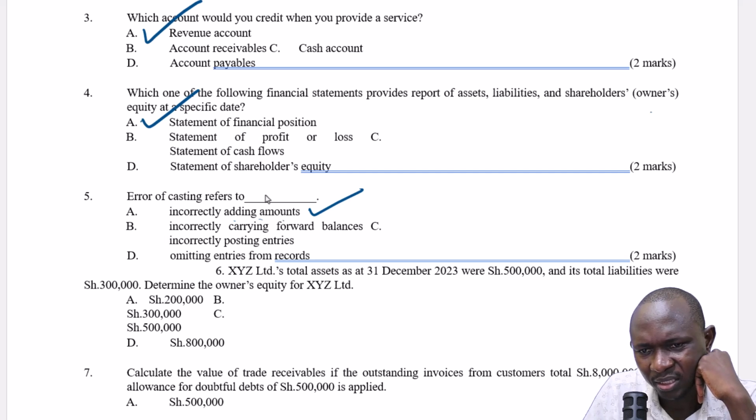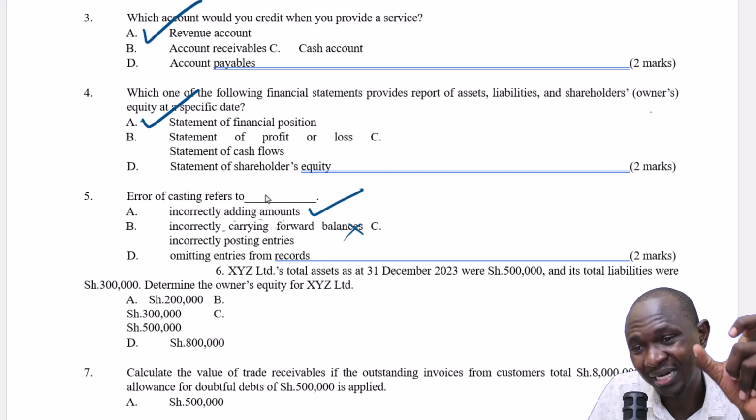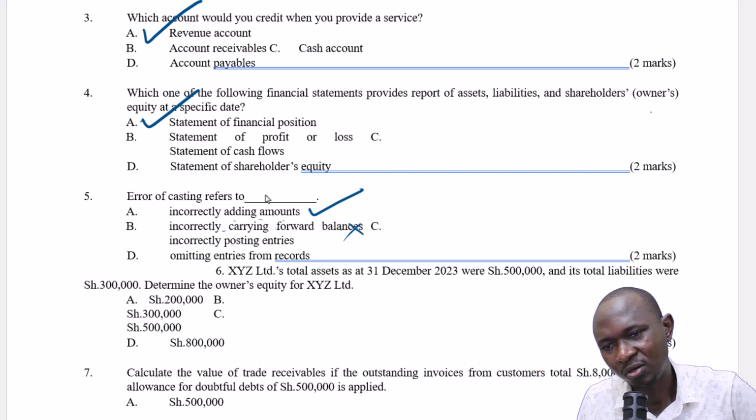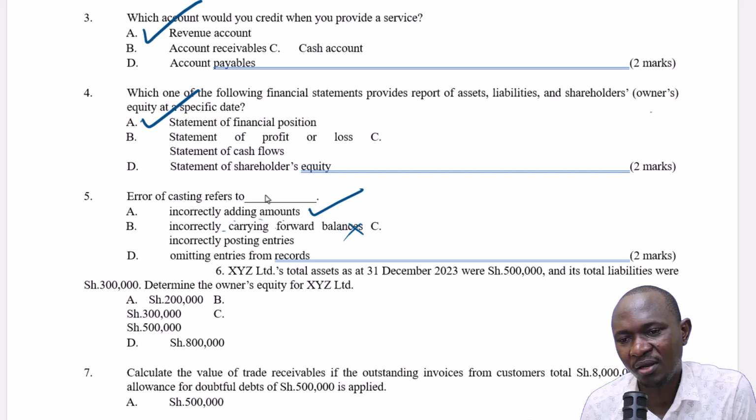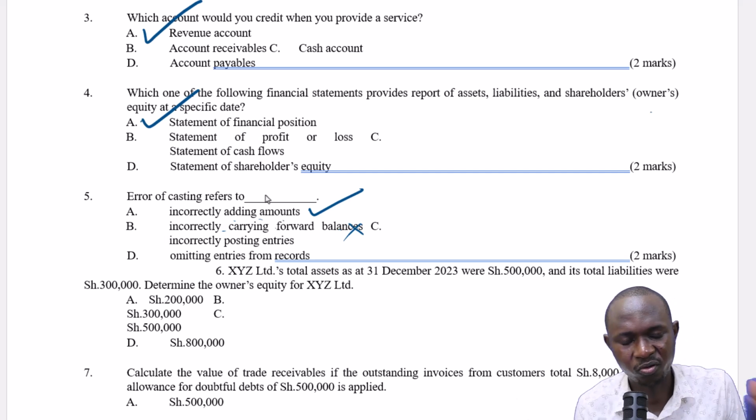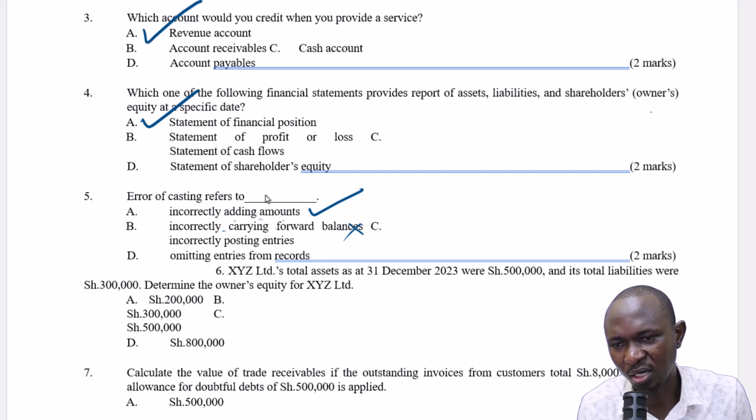Errors of casting refers to incorrectly carrying forward balances? No. Errors of casting refers to incorrectly posting entries? No. It's not incorrectly posting entries. When you correctly post entries, possibly we talk of different types of errors like error of transposition, where you change some figures in between. Most cases we'll be talking about errors of transposition.